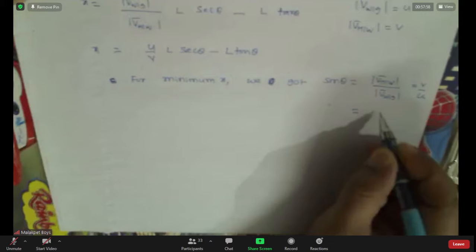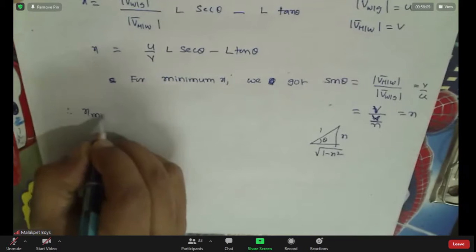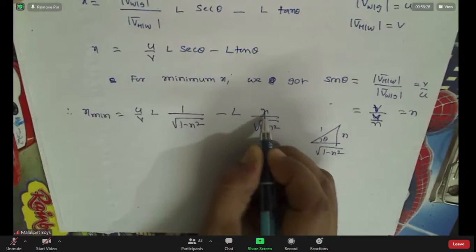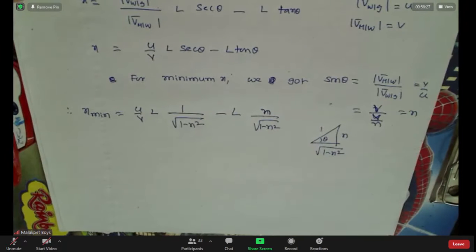So now you can construct a triangle like this with sine theta. Therefore, the minimum value of x is u by v. What is sine theta from this? Understood this? Clear?